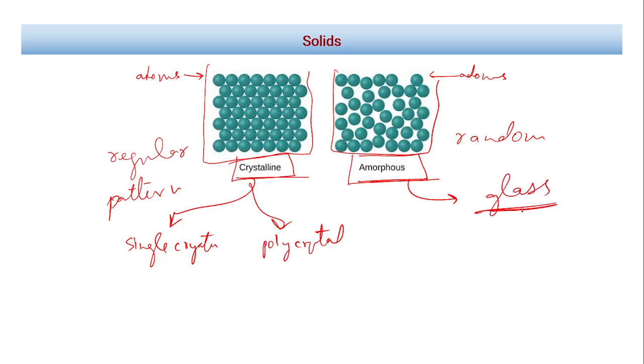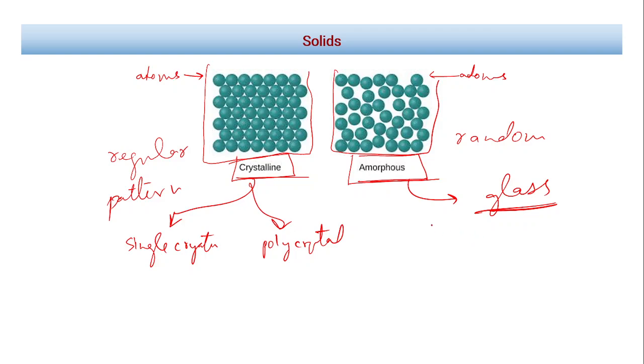If you magnify a piece of glass sufficiently that you can see its atoms, which is difficult because atoms are very small, about an angstrom, you will see the particles making up the glass.